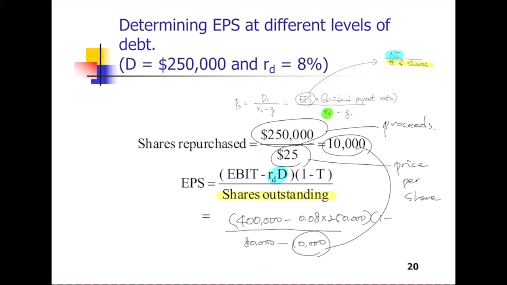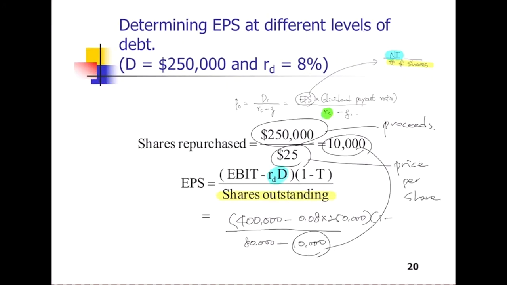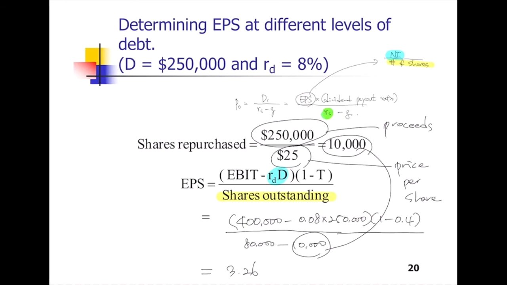And multiply tax rate. Tax rate is here. Then finally you get this amount of EPS. And repeat this process.